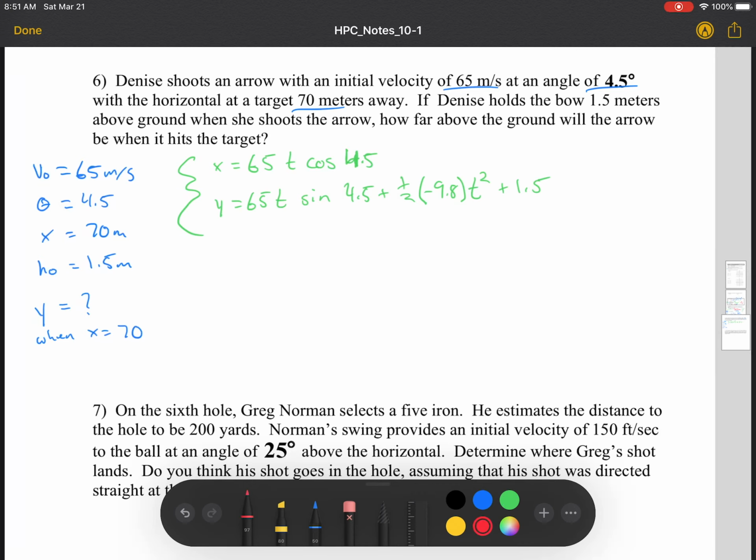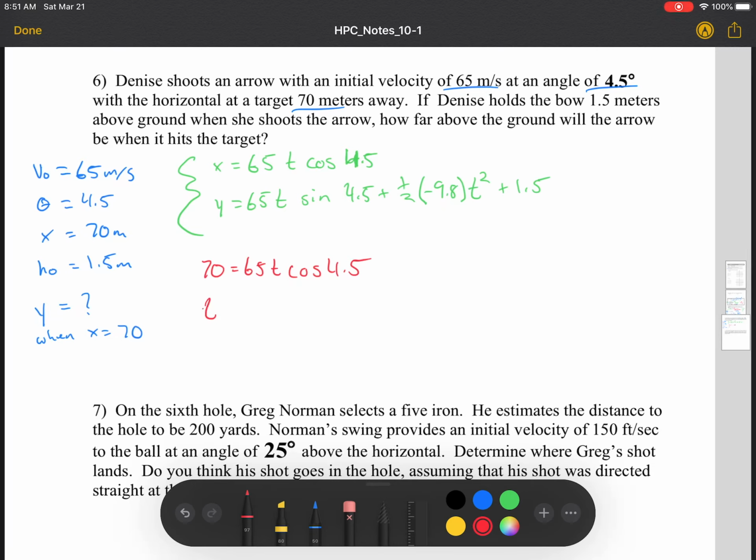So if we're going to find out what our t is at the distance the target is, 70, we're going to plug that 70 into our x equation. And we're just going to solve for t, just like we did in the previous section. We're solving for t, plugging it back into the other one.